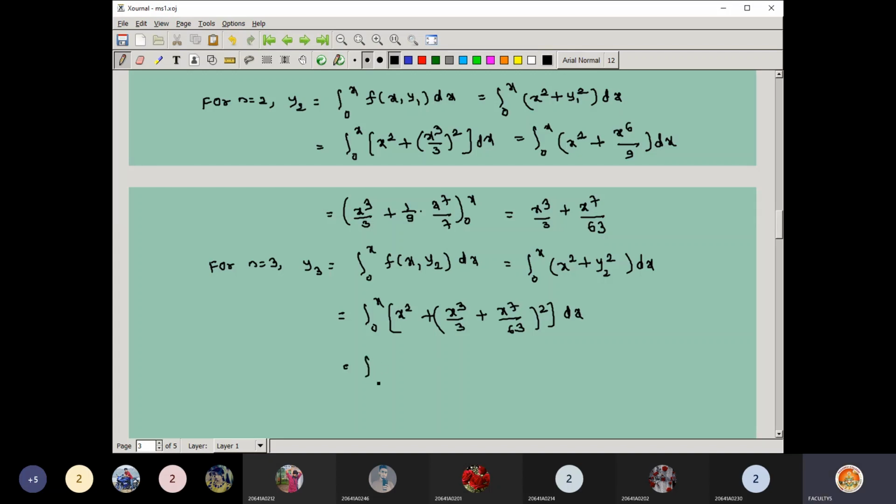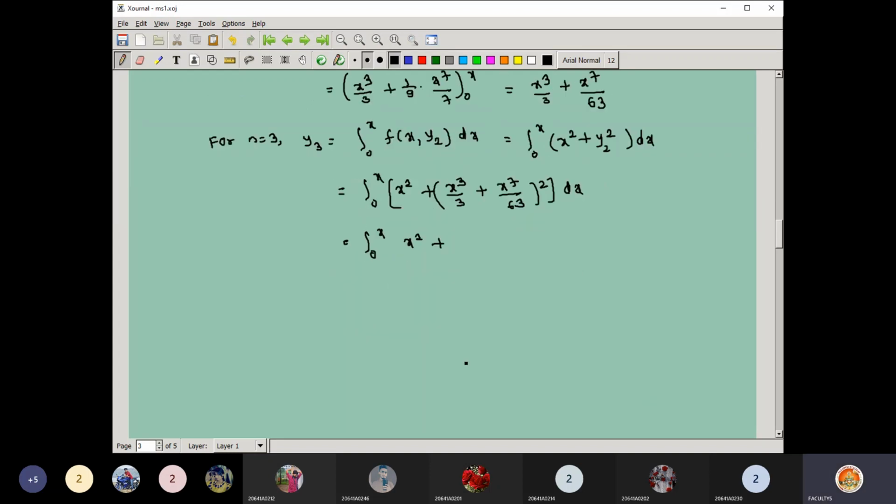First you do the simplification. From 0 to x, x squared plus, it is looking like the (a plus b) whole squared formula. So a squared, that means x to the power of 6 divided by 9, plus b squared, x to the power of 7 into 7, so x to the power of 14, and it is 63 squared.